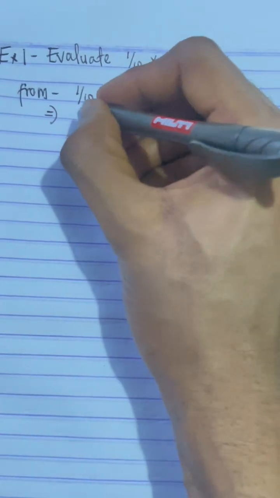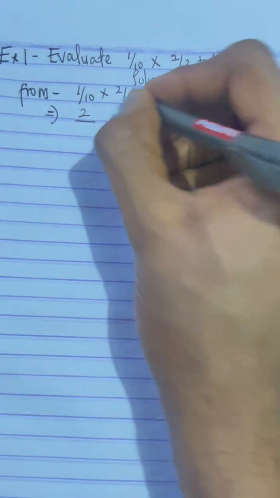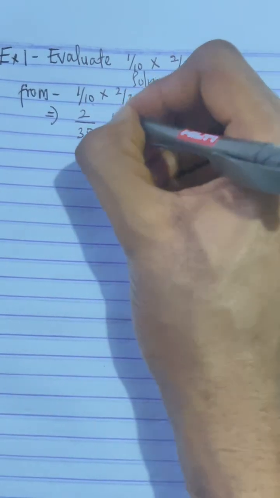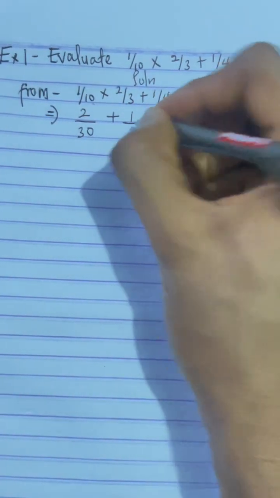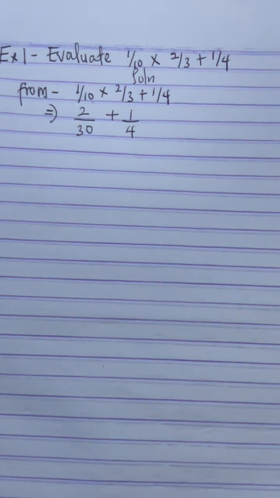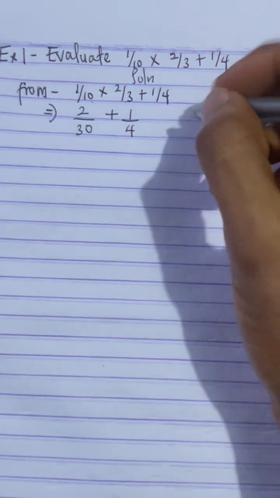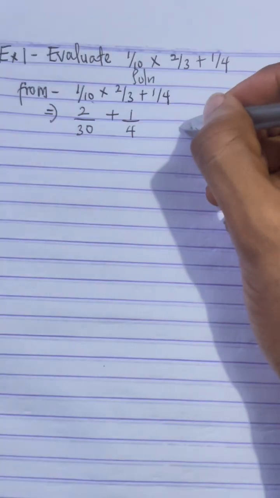So from the question, multiplication first: 1 times 2, we have 2 over 10 times 3, which is 30, plus 1 over 4. Now we look for the LCM of 4 and 30. Let's do that together.